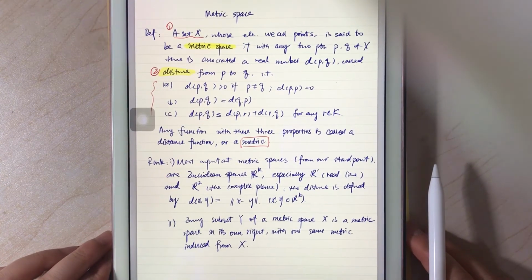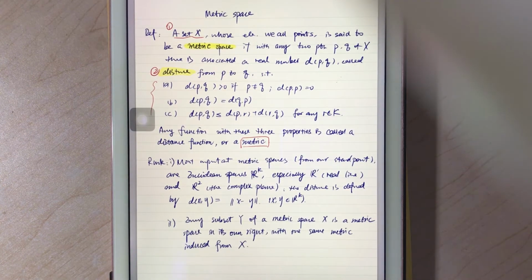Okay, here we have two remarks. Although the distance function, as I said before, can be very bizarre, and there are a lot of different metrics, in the videos I'm going to present we will basically focus on the real line and the complex plane, these two kinds of metric space.